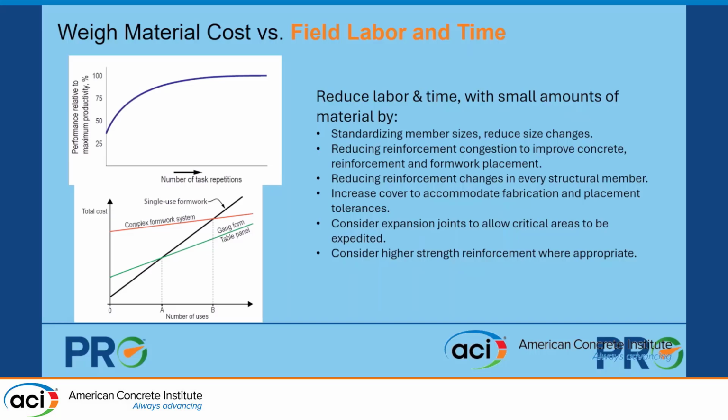The only way that you reap the benefits of a complex formwork system is a vast number of uses, as you can see it. As you move to the right in the number of uses, it will become cost effective. And if we could have extended the line of the gang form table panel, it would obviously become more expensive than a complex formwork system.